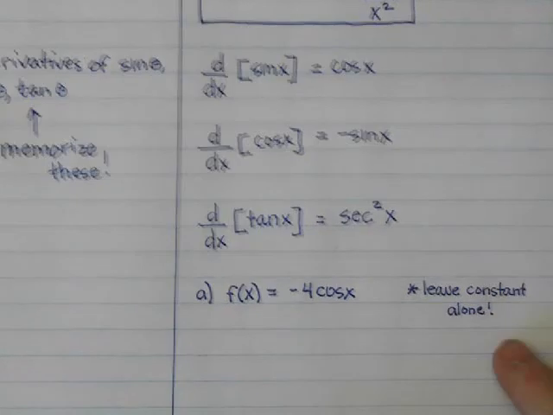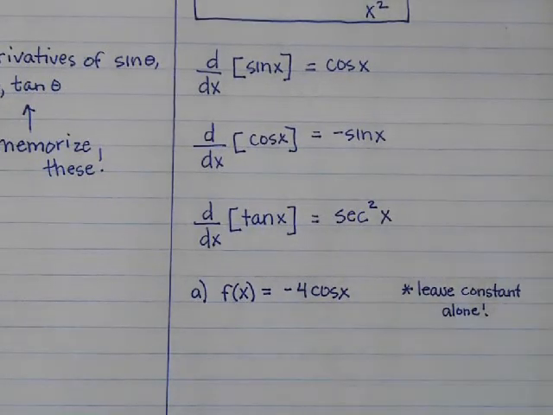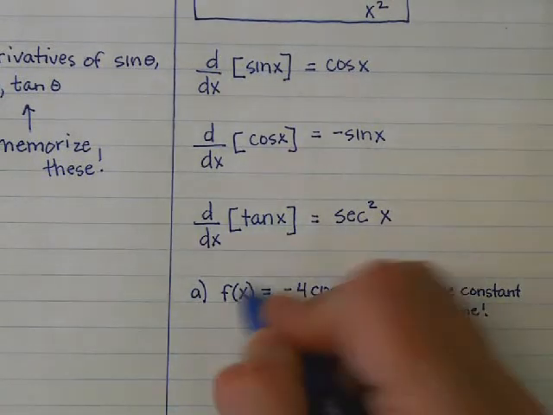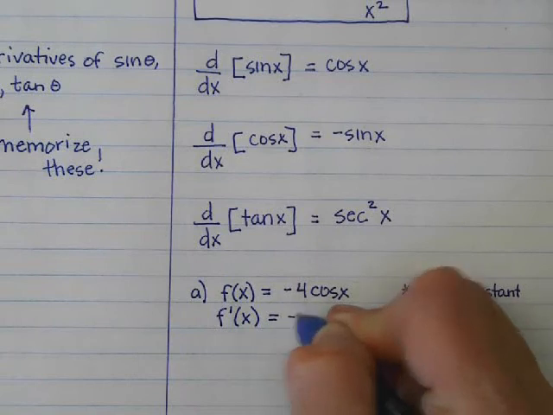And like I said, it's not magic. We'll go through the proof at some point. I'll show you it from different perspectives of why that -4 is going to stay there. But I just want you to go, okay, for now, I'm just going to leave that alone.